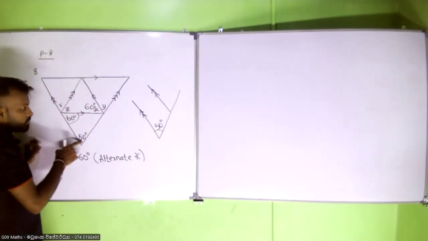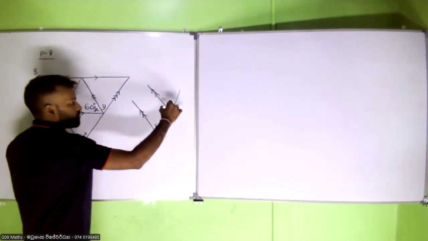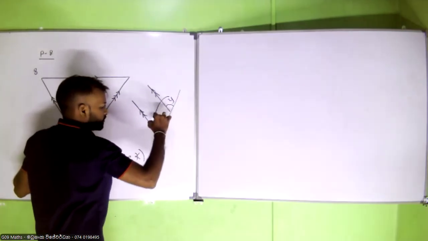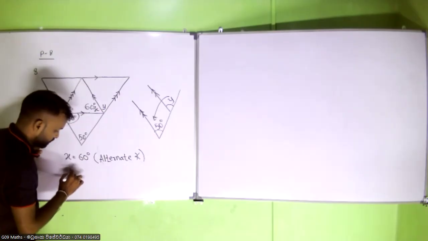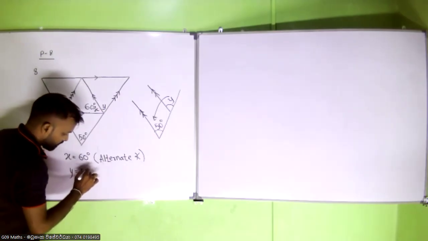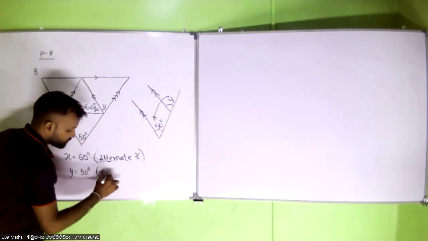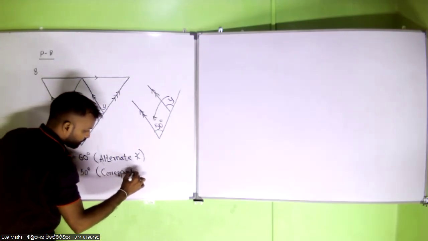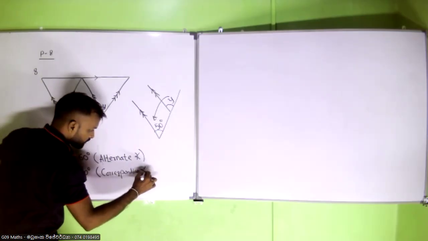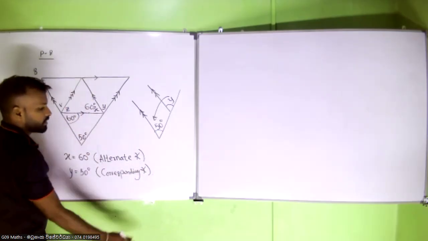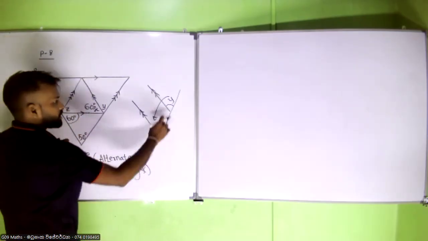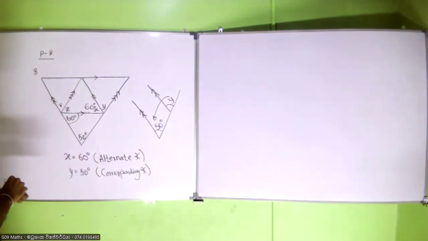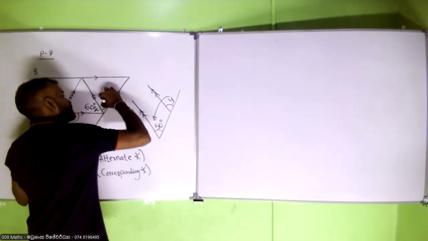So you can directly write y is equal to 50. Why is that? Corresponding angles. y is equal to 50. Done.